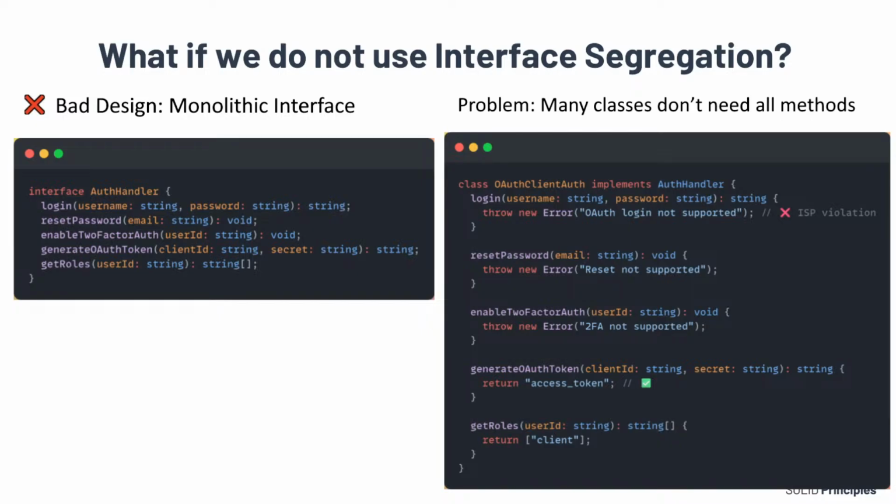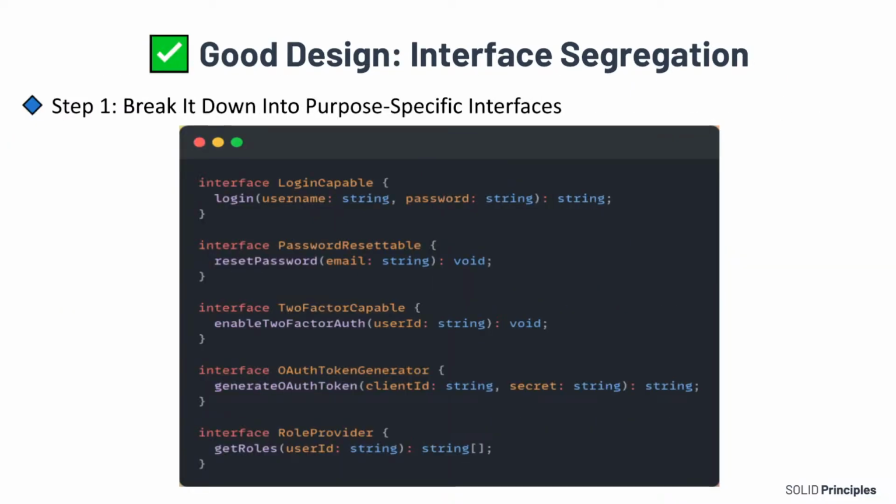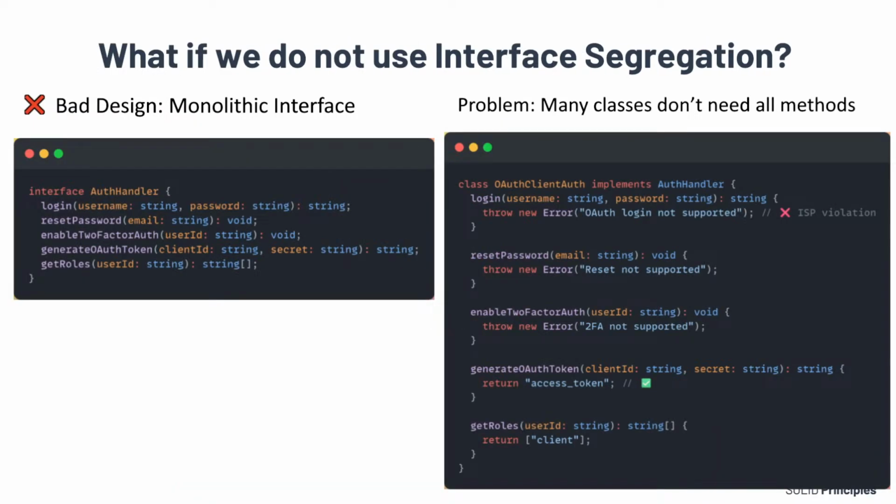But since the interface includes all of the methods, we need to throw errors for reset password and enable two-factor authentication, since we do not require them here. So again, this created unnecessary load in the code.